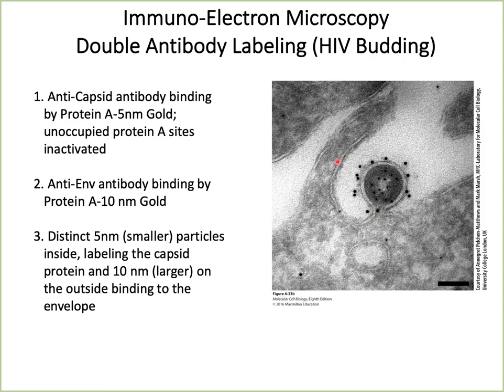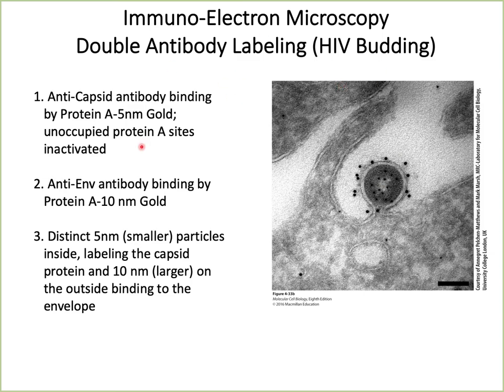And once the excess is washed away and the sample is visualized, you can clearly see that the capsid does contain these slightly smaller dots compared to the larger ones right here. These larger dots are against the envelope, which is outside, and these are 10 nanometer gold particles, and these are 5 nanometer gold particles.